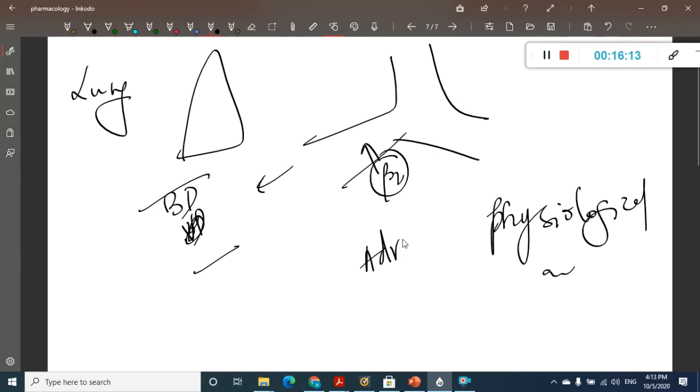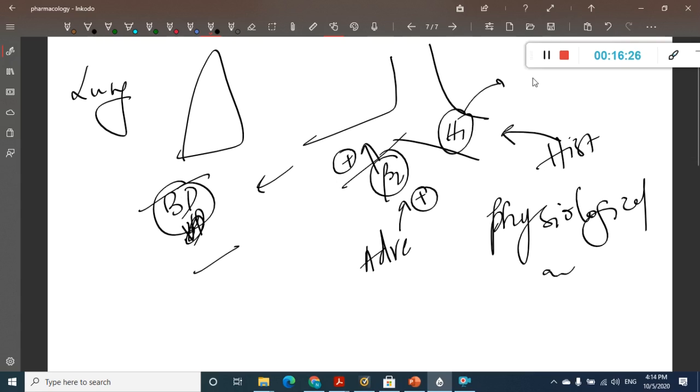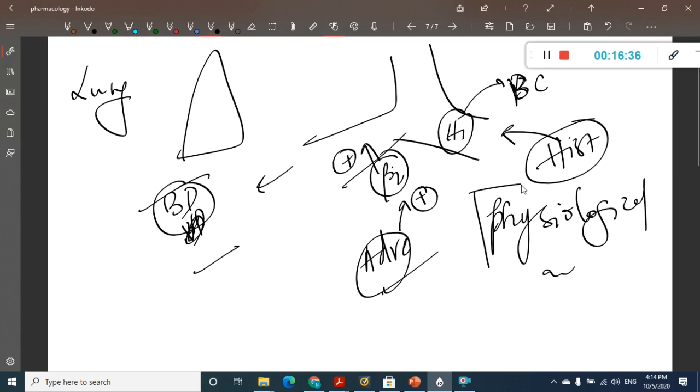For example, adrenaline activates beta 2 and causes bronchodilation, but histamine activates H1 receptors, which are also present on bronchi, and causes bronchoconstriction. These two act on different receptors and have exactly opposite actions. This is called physiological antagonism. You should remember this.